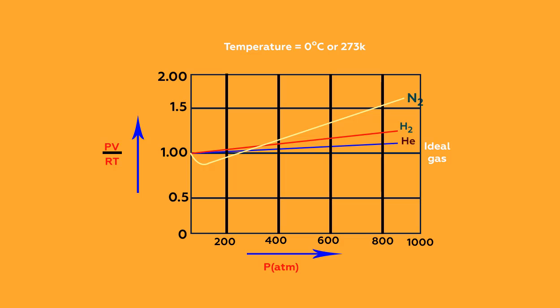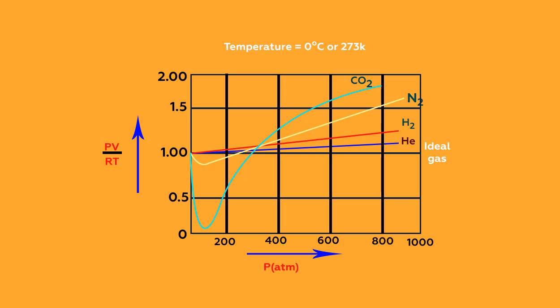In the same way carbon dioxide deviates from the ideal line to a much greater extent. In the start it goes down to almost 0 of the compressibility factor, and then it suddenly increases to a compressibility factor value of 2. This is due to non-ideal behavior of the gases because these are real gases.